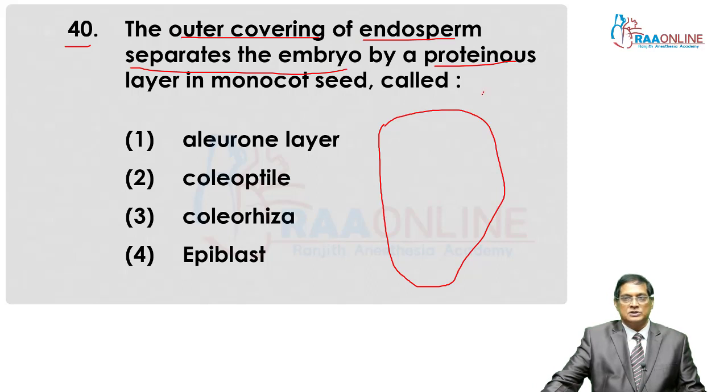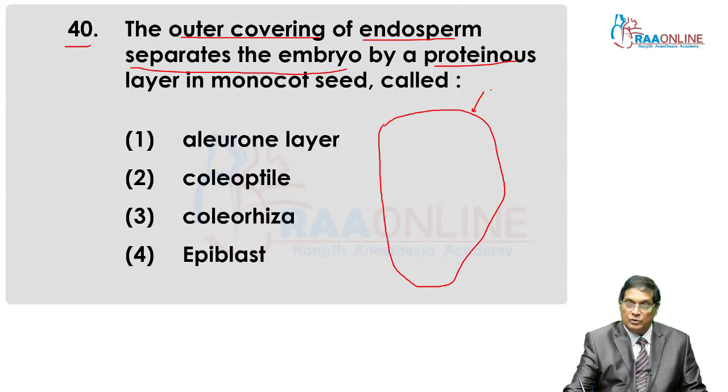The outermost covering is pericarp plus seed coat. This is pericarp and seed coat, tightly fused and inseparable.